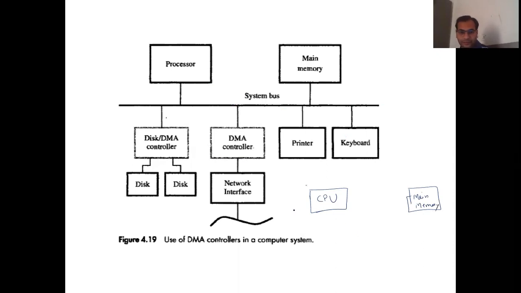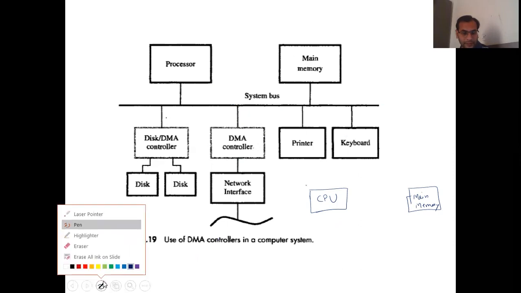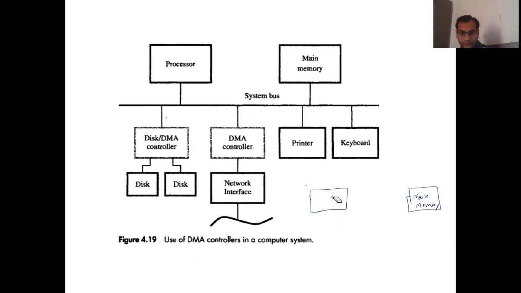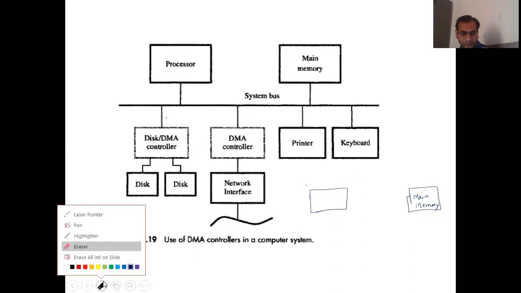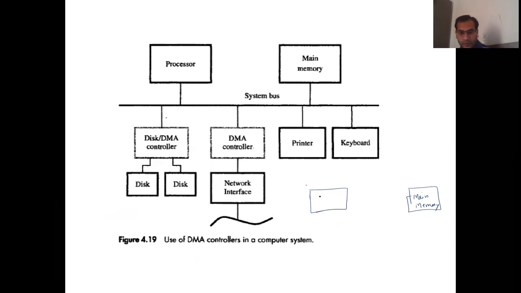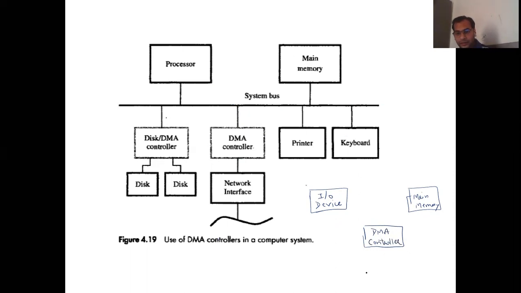And let's suppose this is your IO device or peripheral, you can say. Then there will be a thing that will be named the DMA controller, and then there will be a CPU.